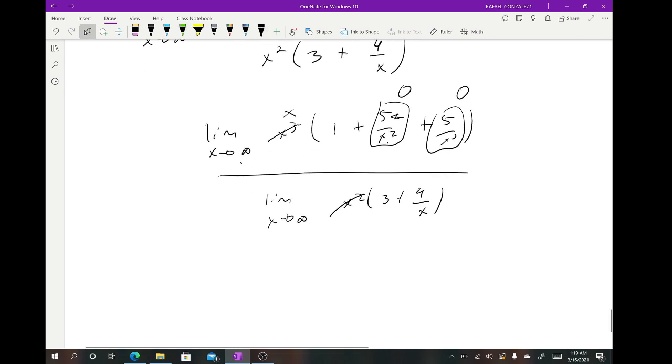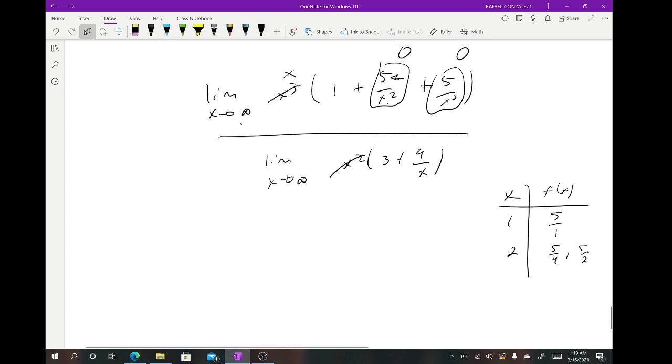For example, if you just make a table for x values and the output values, if x is 1, then you have 5 over 1 for both of them. If x is 2, then for the first one, you have 5 over 4, and then for the second one, you have 5 over 2. So the number is getting smaller.